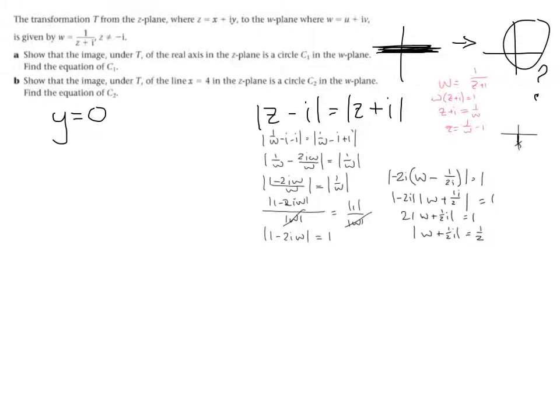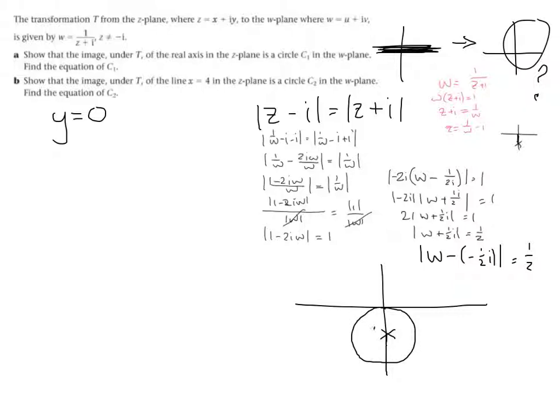It is a circle, and if we write it as |w minus (minus a half i)| equals a half, then you can see that the centre of the circle is at minus half i, so that's there, and the radius of the circle is a half, so it'll look like that. And this is a half, minus a half i, down there, and that's the range there.